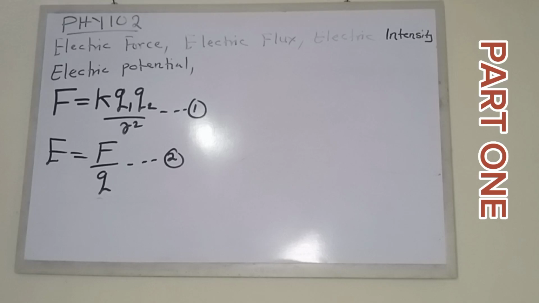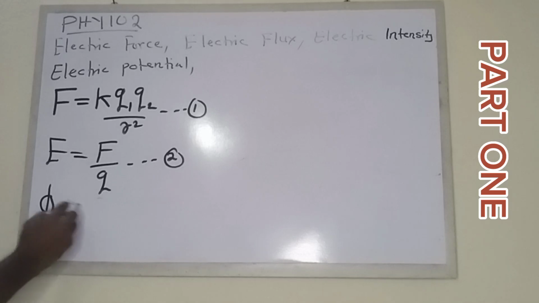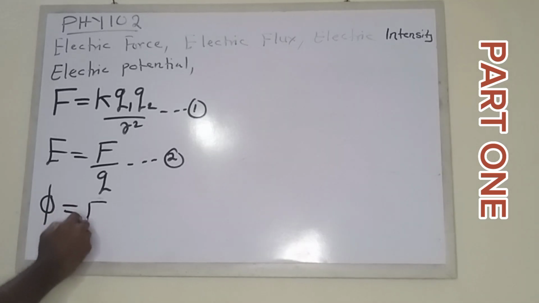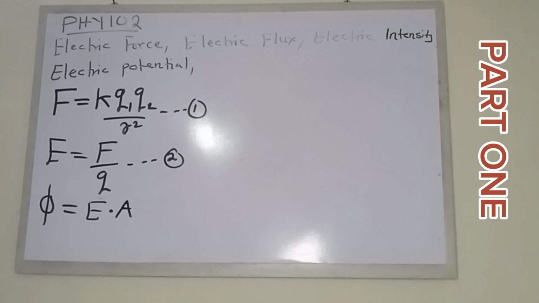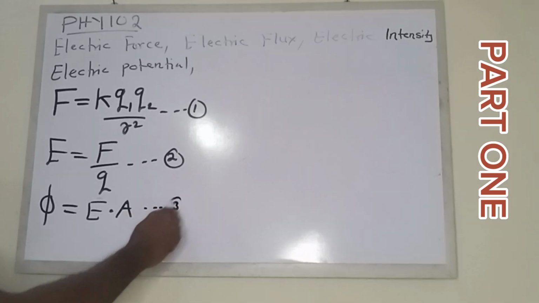Then, under the electric fluence, denoted by phi, it is equal to the product of the electric field and the area, electric field and the area. So this is equation 3.